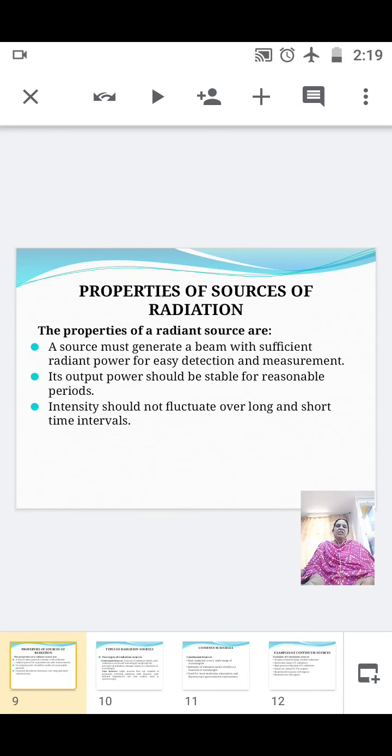The properties of a radiant source are: a source must generate a beam with sufficient radiant power for easy detection and measurement. The second one is its output power should be stable for reasonable periods.